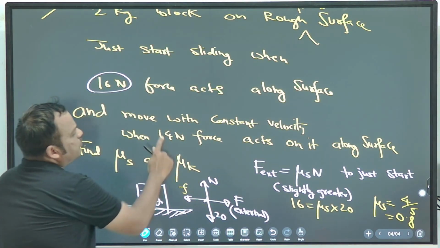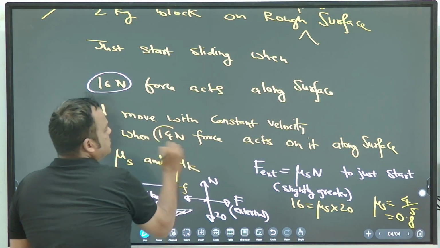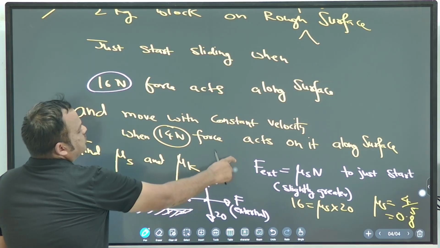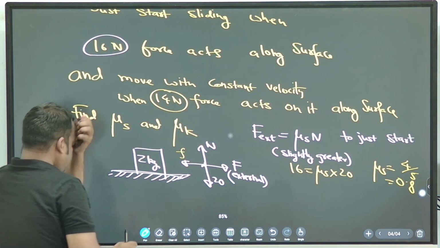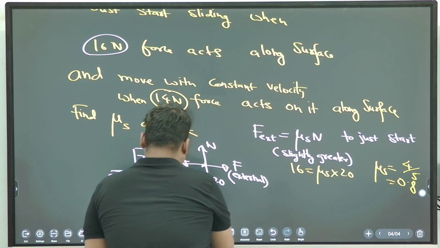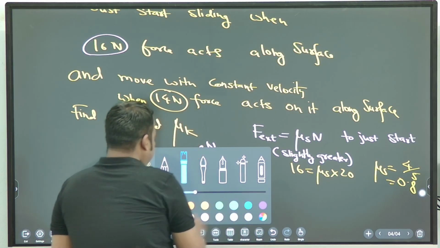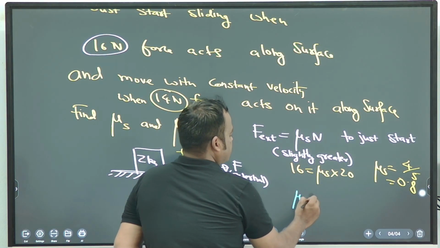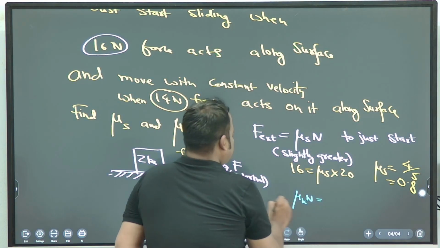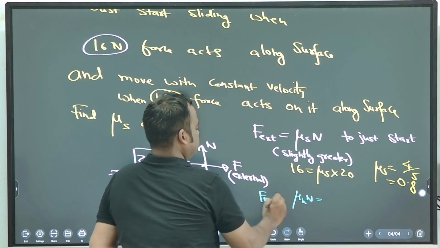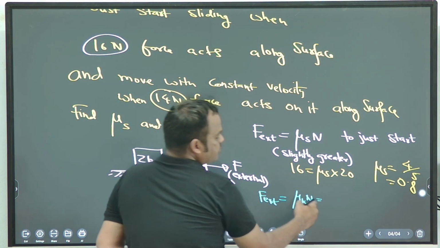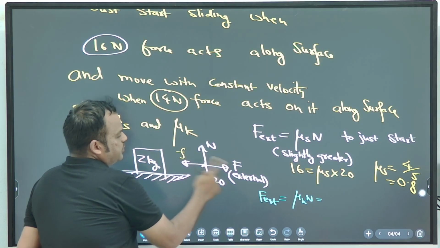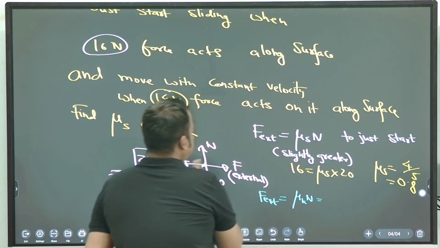And when it is moving with constant velocity, what force are you exerting? 14 Newton. So how much is the friction force? When it is going with constant velocity, the external force will be the same as the friction force, mu k. So both are equal.